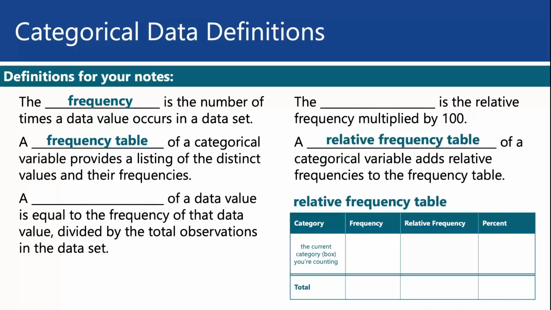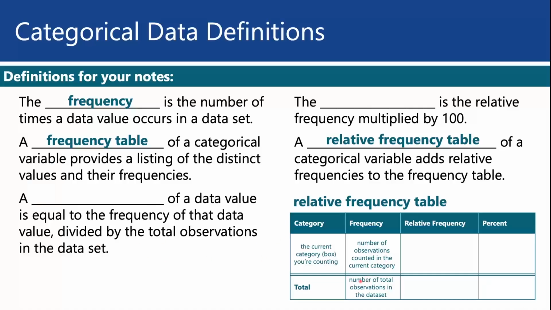Okay, so in a relative frequency table, each row represents the current box that you're counting for. So let's say if I was thinking about my ducks example, I would have a row for the category blue, a row for the category green, a row for the category red. The frequency is the number of observations counted in the current category. That was my count of ducks before.